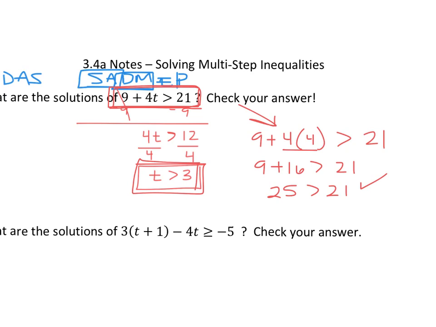You add and subtract first, and then you multiply and divide. But when we check the answer, you put it back into the original. Yeah, that one. Okay.